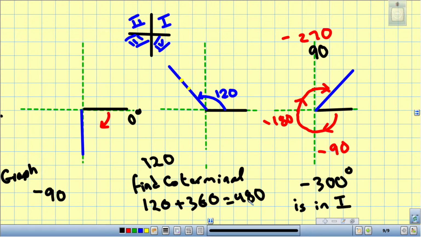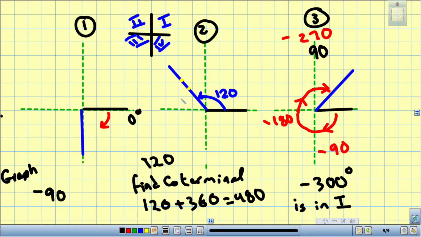And last thing I want to mention here: pay attention to the angles when you graph them. Whatever takes you to the closest x-axis, we call that a reference angle. What does that mean? For example, look at number 2. I wanted you to look at 120. What's left from the 120 to get to the closest x-axis?